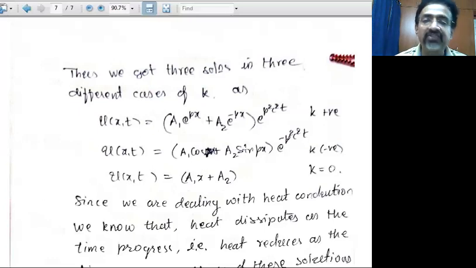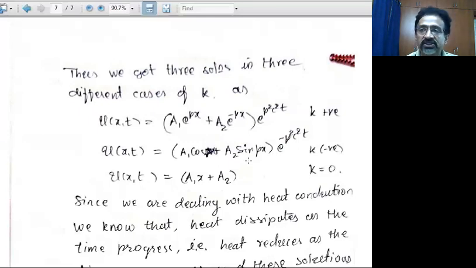Now I consider the second solution, when k is negative. If k is negative, what happens? A1 cos px plus A2 sin px. Cos px and sin px are trigonometric functions, and they always lie between +1 and -1.